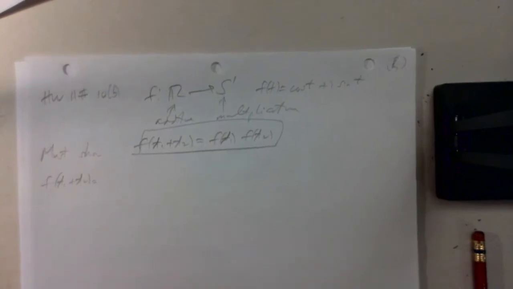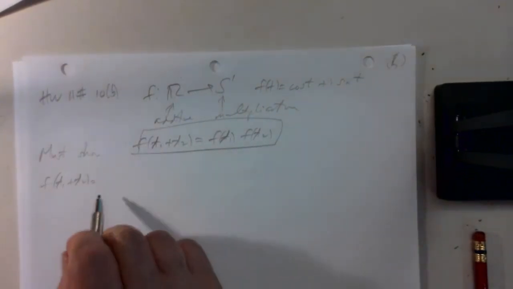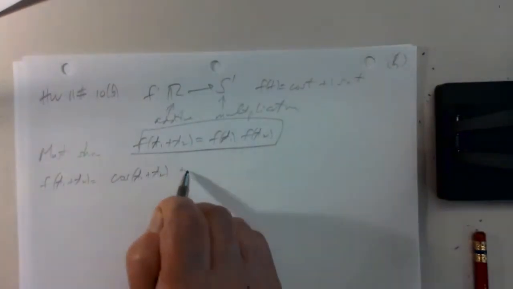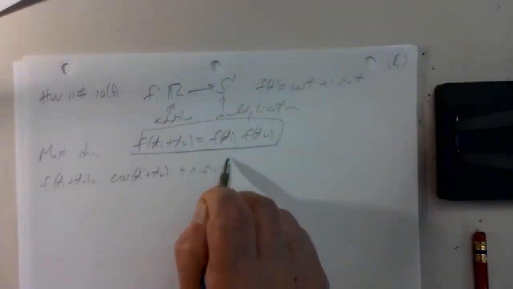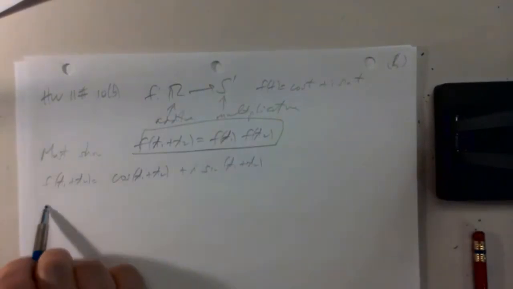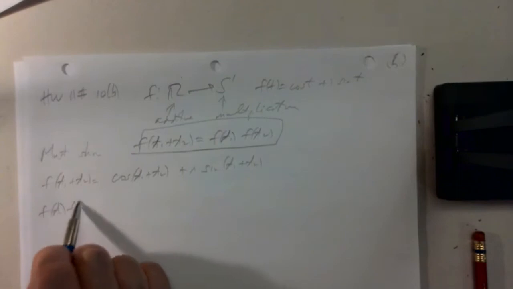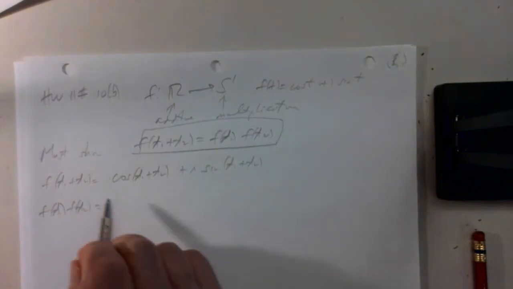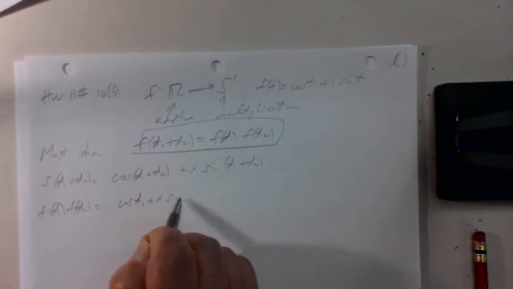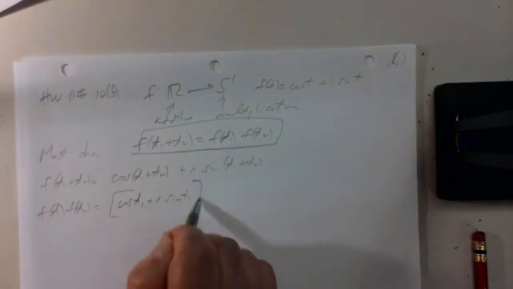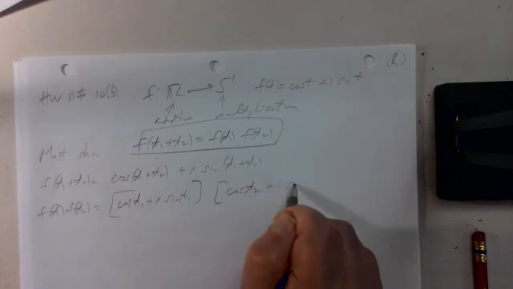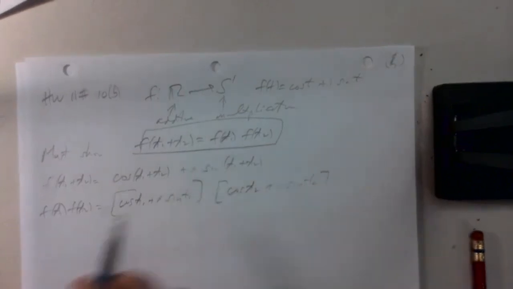So what is f of t1 plus t2? This is equal to the cosine of t1 plus t2 plus i times the sine of t1 plus t2. And what is f of t1 times f of t2? That is the cosine of t1 plus i times the sine of t1 times the cosine of t2 plus i times the sine of t2.